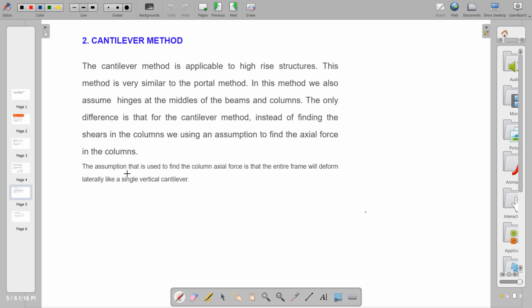The assumption used to find the column axial force is that the entire frame will deform laterally like a single vertical cantilever.